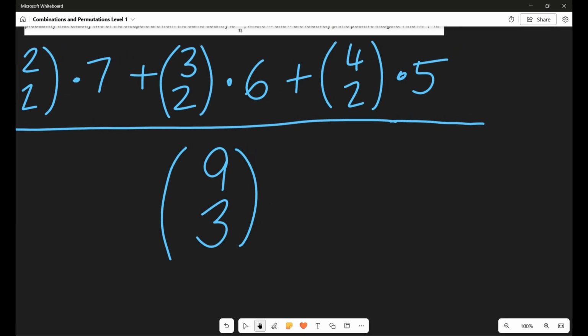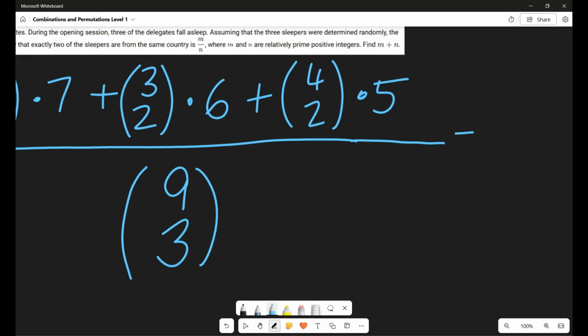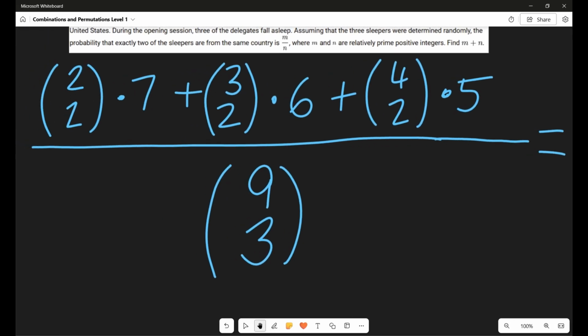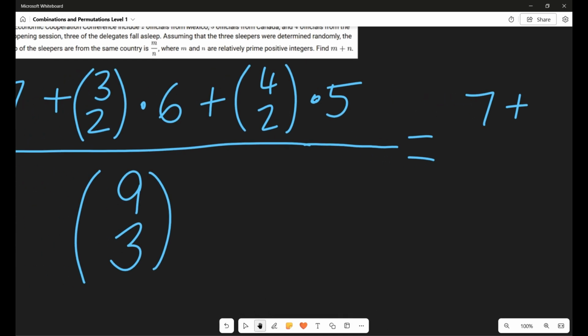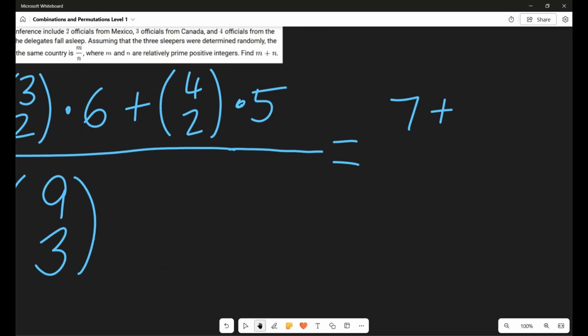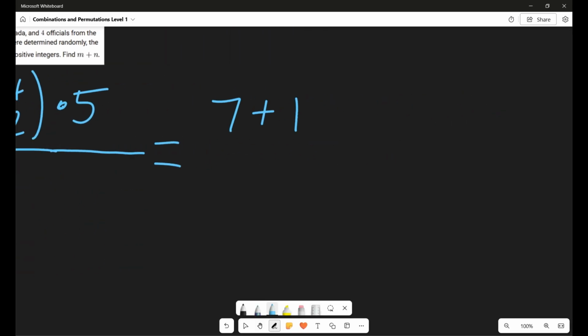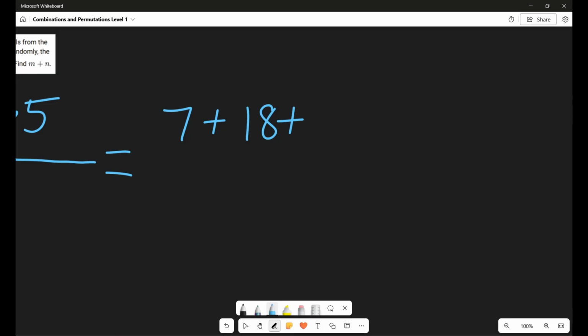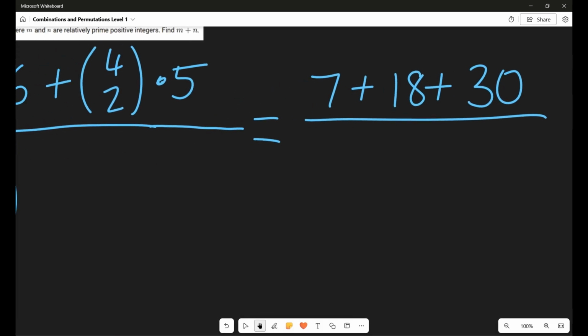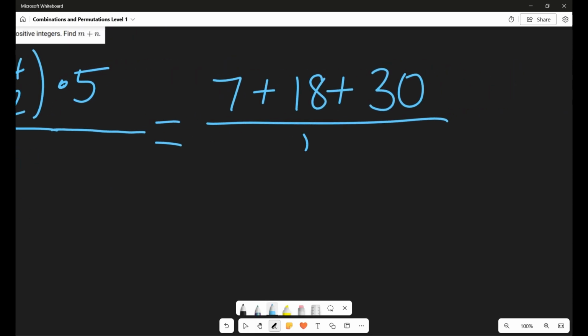So we do that. The numerator comes out to 2 choose 2 times 7, which is just 1 times 7, plus 3 choose 2 times 6, which is just 3 times 6, so that's 18, and 4 choose 2 times 5 is just 6 times 5, so that's 30, all over 9 choose 3, which is 84.